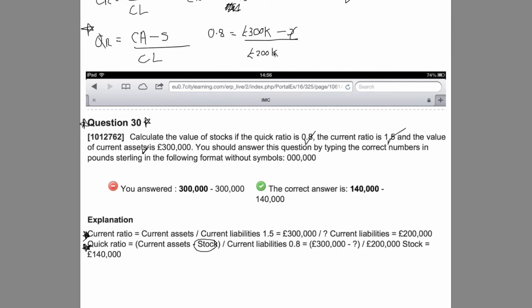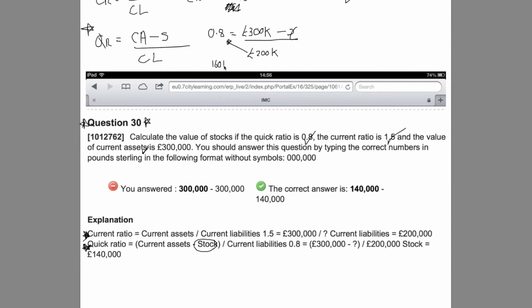Various ways that you can do algebra, but in this particular instance I'm just going to get rid of the denominator again and multiply. So 0.8 times 200,000 is going to give us 160,000.